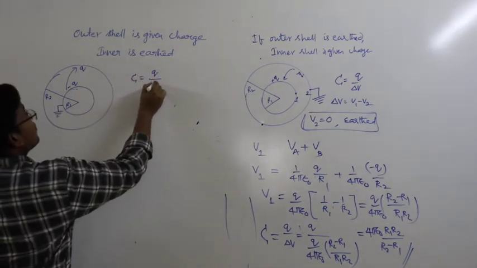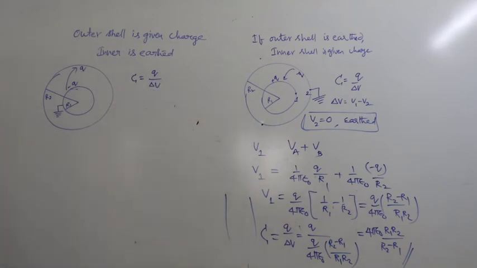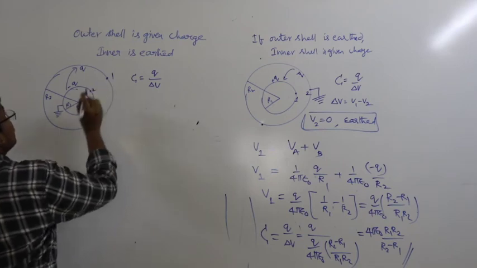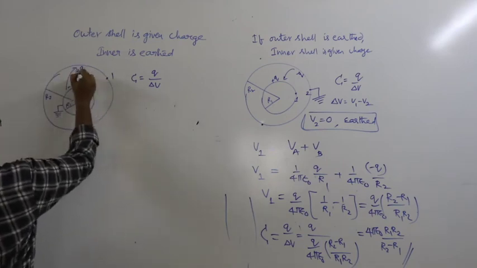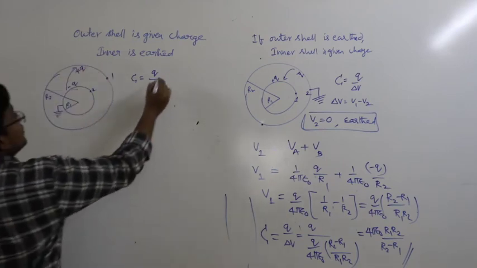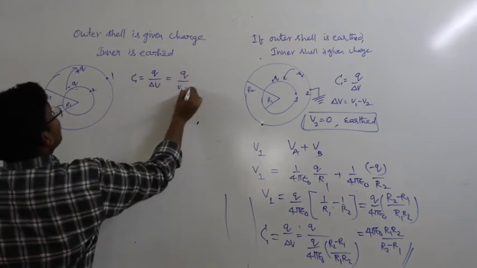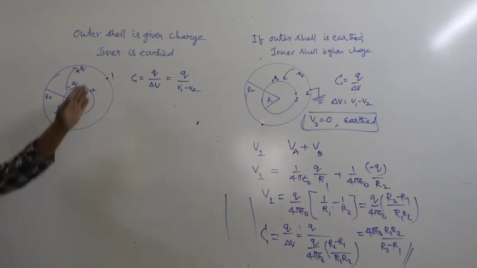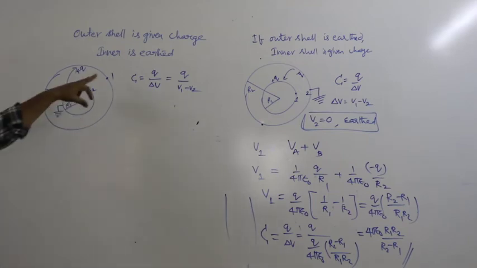Capacitance formula is q by delta V, so delta V we need to find. This is point 1, I can say this is point 2, because this is plus charge, so high potential. So it is nothing but q upon V1 minus V2 again. That is, you need to find the potential at the first point and the potential at the second point.